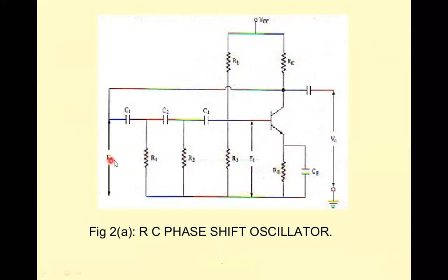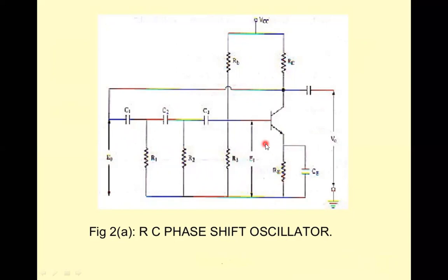This network produces a phase shift of 180 degree and a voltage E1 appears at its output, which is applied to the transistor input. So this E1, which is the output of the 3 RC network combinations, is given as an input to the transistor.